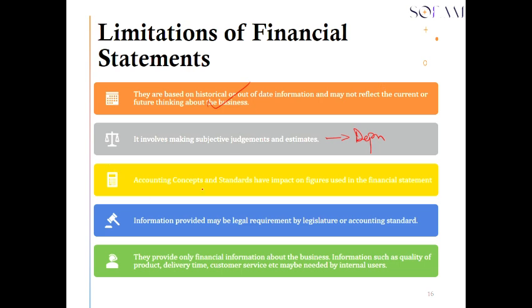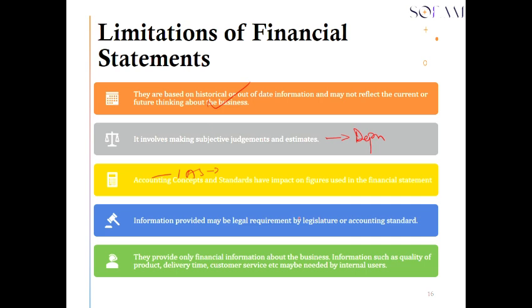Three, accounting concepts and standards have impact on figures used in the financial statement. And this is very, very true. There is a standard called IAS 2 which talks about inventory, and it says that inventory should be measured at the lower of cost or net realizable value.